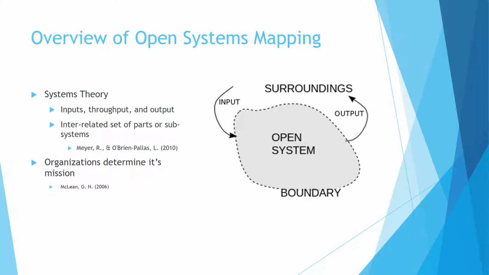Open systems mapping is derived from systems theory. Open systems theory refers to systems that interact with other systems or the outside environment. This theory views an organization as an entity that takes inputs from the environment, transforms the inputs, and releases them as outputs.